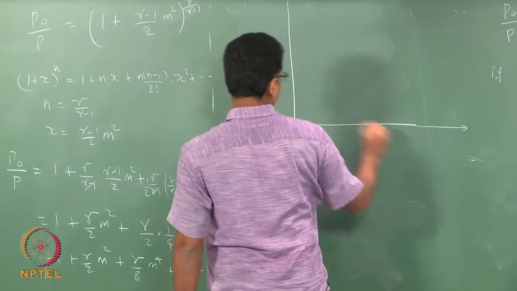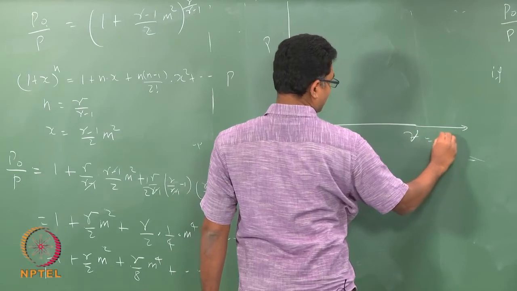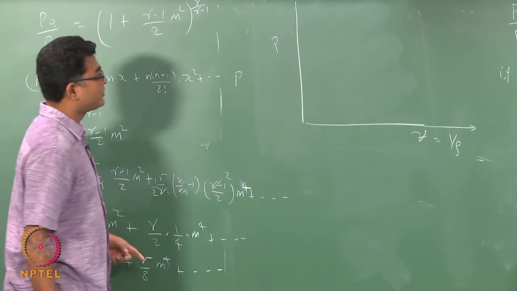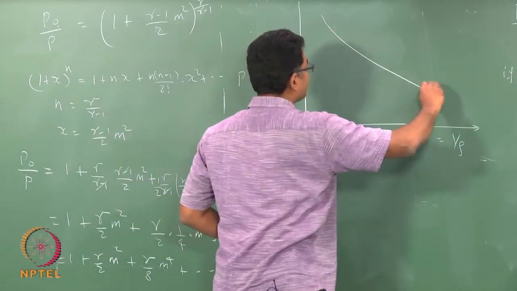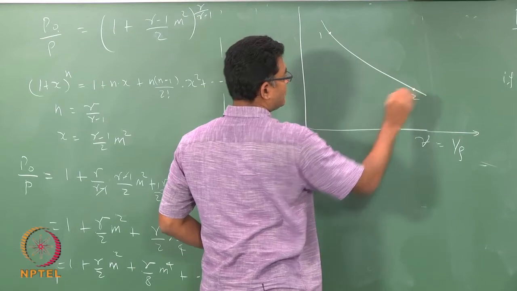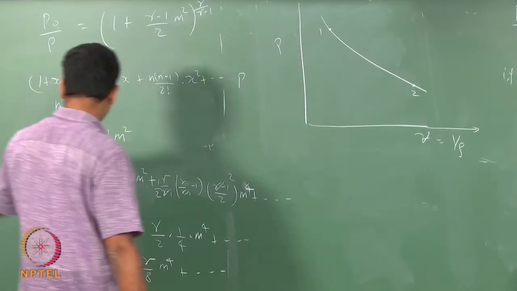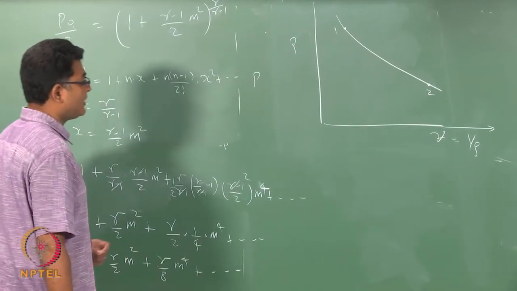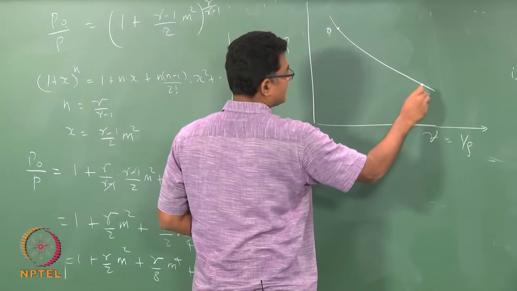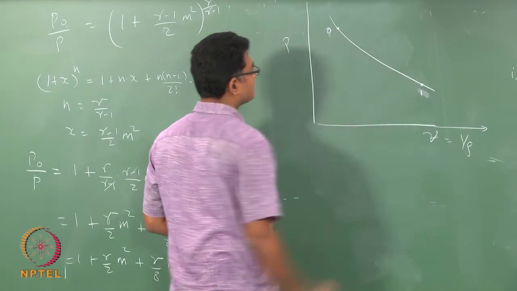Let us take the PV diagram or 1 by rho diagram. From state 1 to 2, if I have an isentropic process from 1 to 2, or because I have written here P0 by P, I will assume 1 as my stagnation condition and 2 as my static condition of state 1.